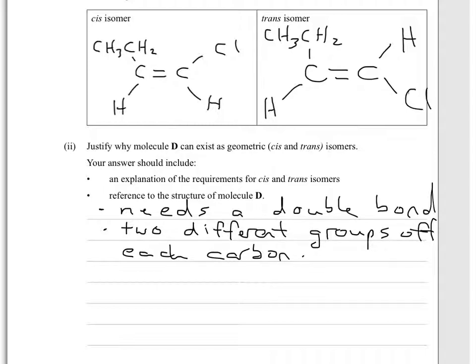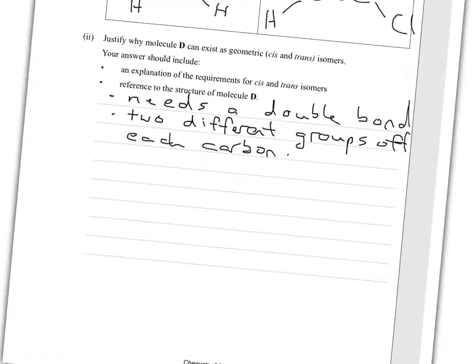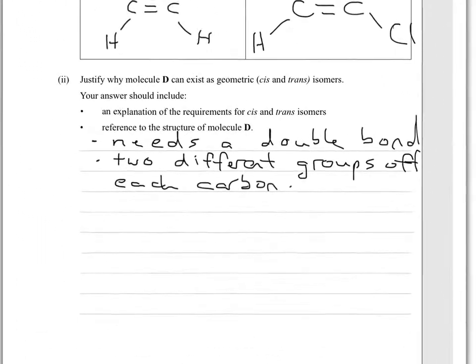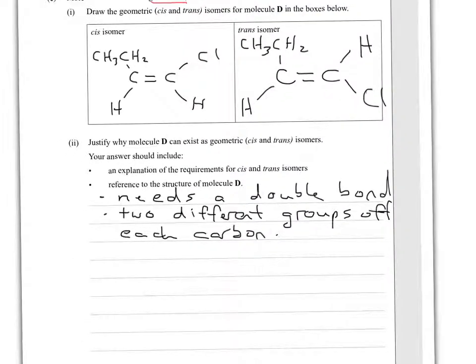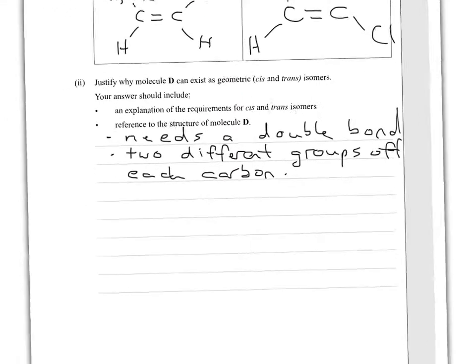Obviously in this case it's pretty straightforward. Okay, so we've got the two different groups. Because it has two different groups, the hydrogen and the chlorine on one side, and the ethyl and the hydrogen on the other side, we can get these two different arrangements.